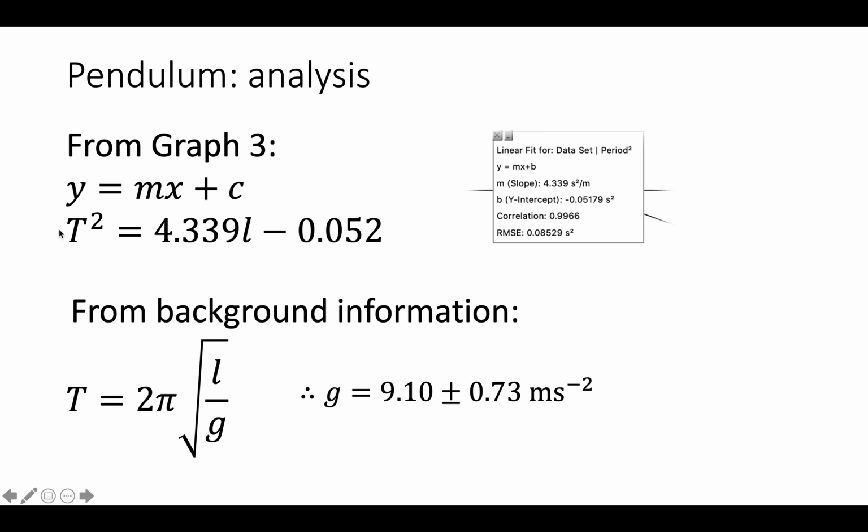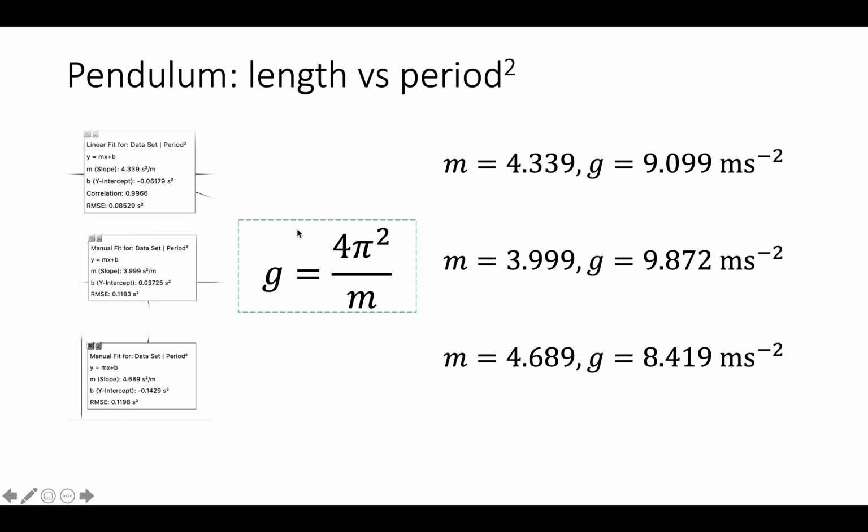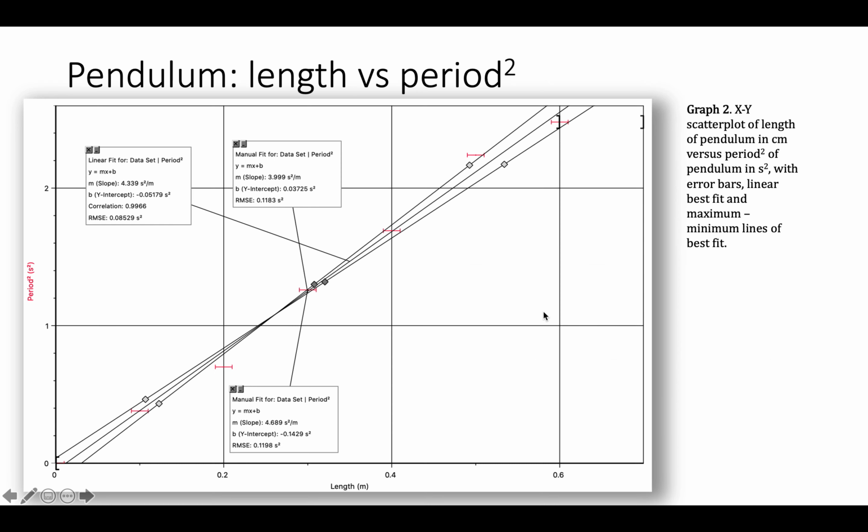So the equation for your pendulum that you found was t squared equals 4.339L minus 0.052. It would be a good idea, again, to go and add some errors into these two things here. The error in the gradient you would get from finding the range divided by 2, as we have described here.